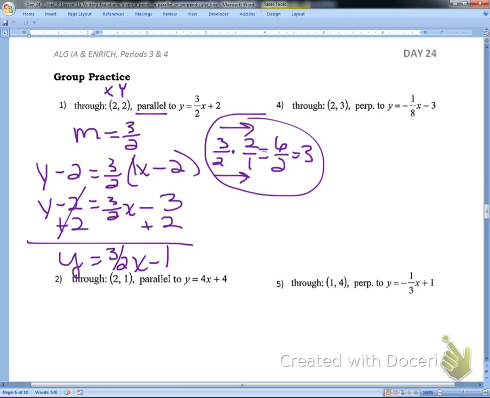With multiplication, this is not crisscross, this is just multiply straight across. 3 times 2 is 6, 2 times 1 is 2, and then I reduced the 6 over 2 to 3. Finally, I had to combine my like terms, or move that constant of the -2 over as a +2 to the other side, and I finally got my slope-intercept form of the equation: y equals 3/2 x minus 1.